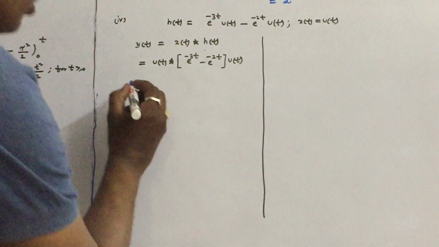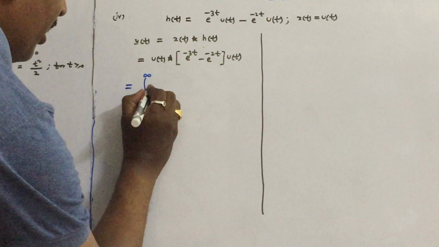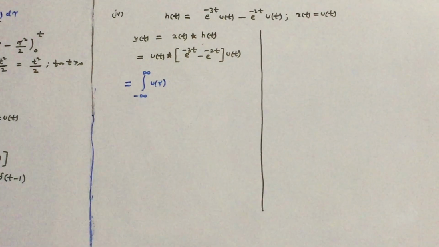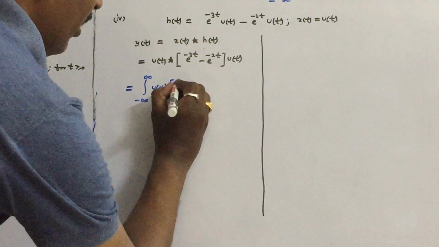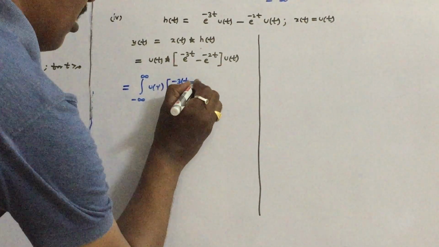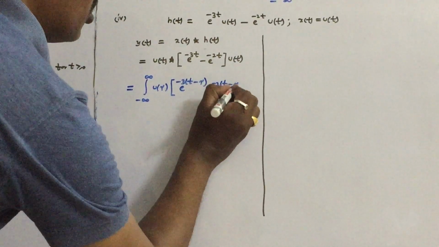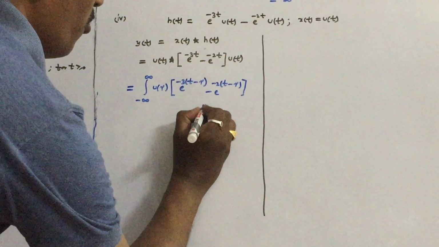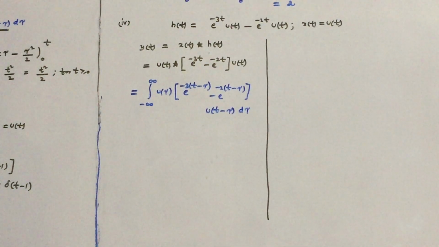Just apply the convolution formula. So that is integral from minus infinity to infinity of u(tau) into the second function, which is e to the power minus 3(t minus tau) minus e to the power minus 2(t minus tau), into u(t minus tau) d tau.